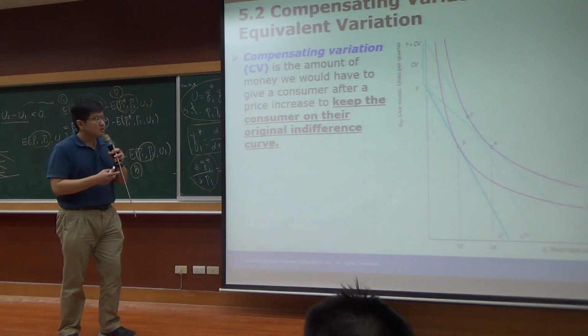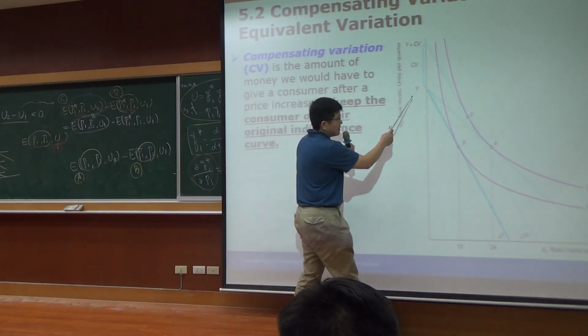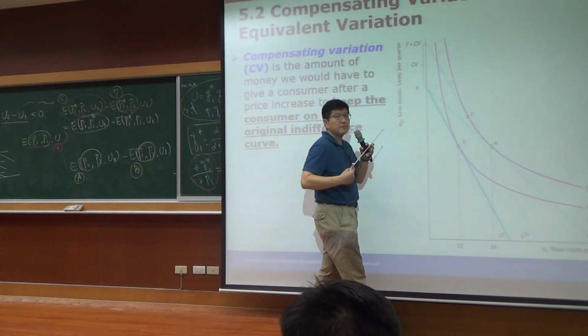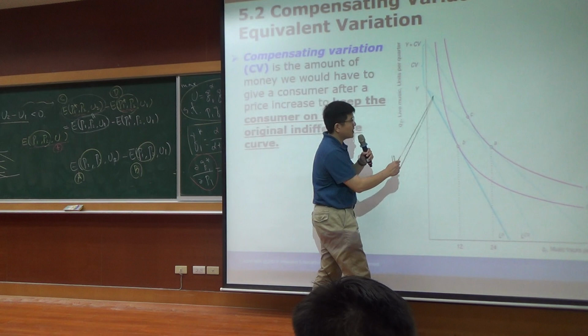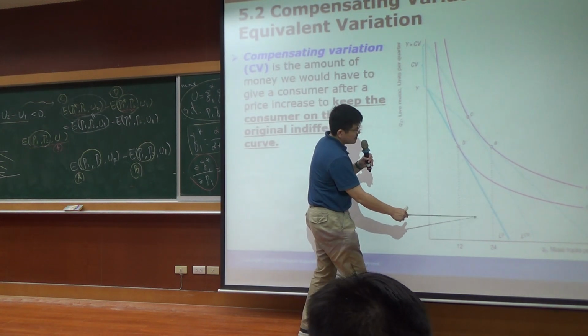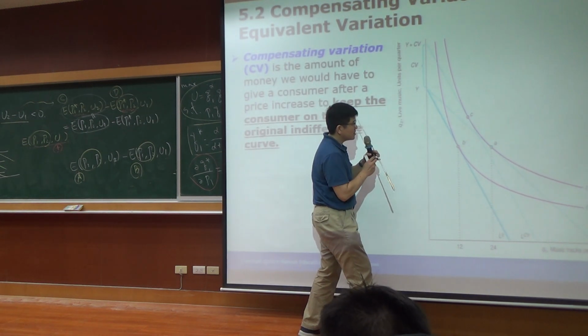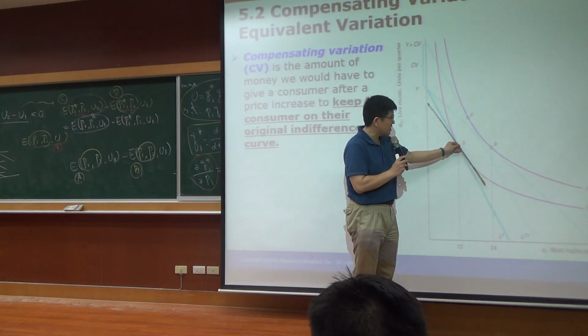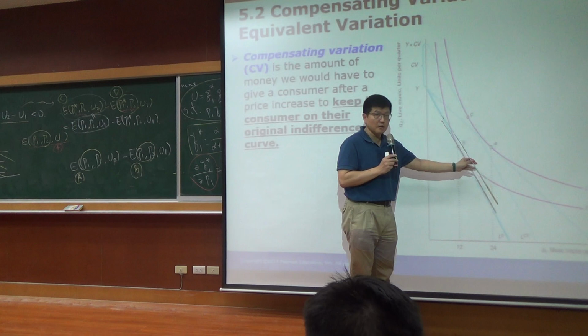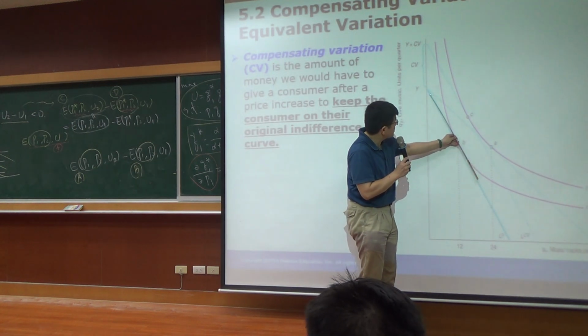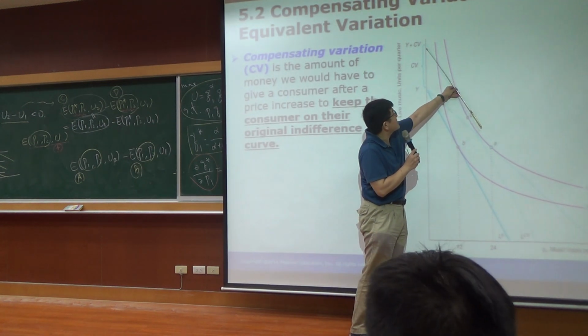Okay, so the original budget line, the new budget line, and we need to compensate because after the price change, the consumer will be worse off, and we need to compensate this amount of money.